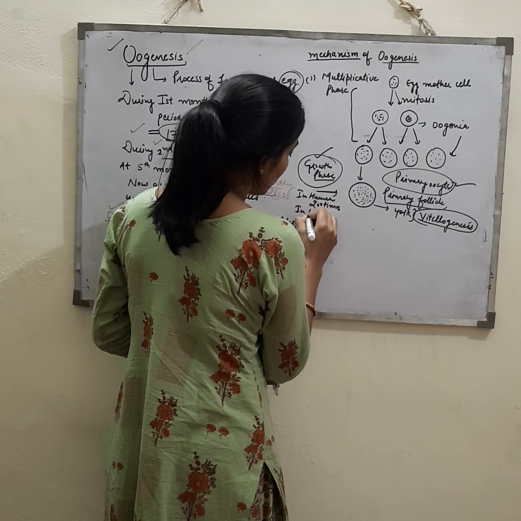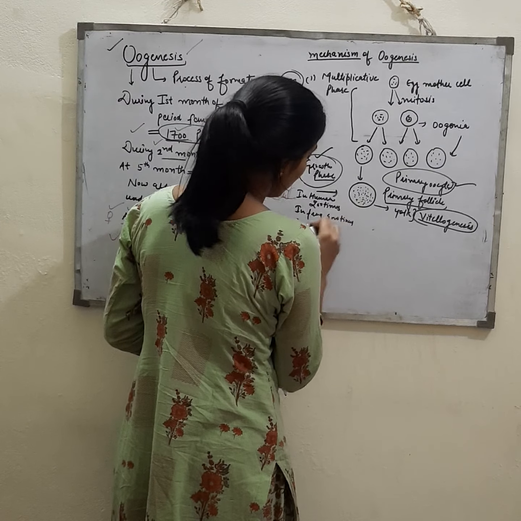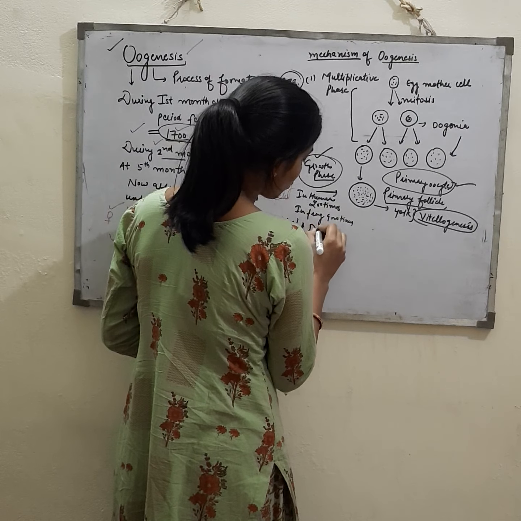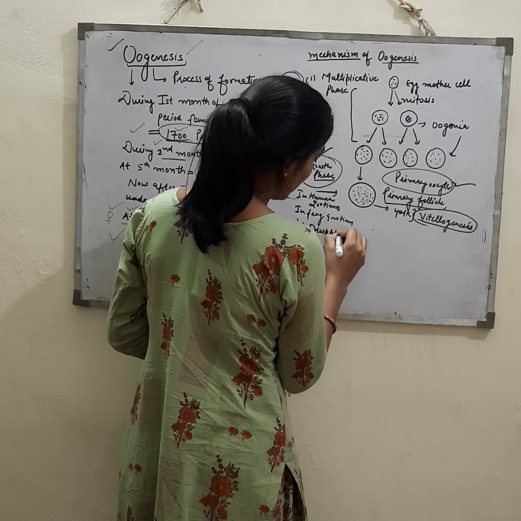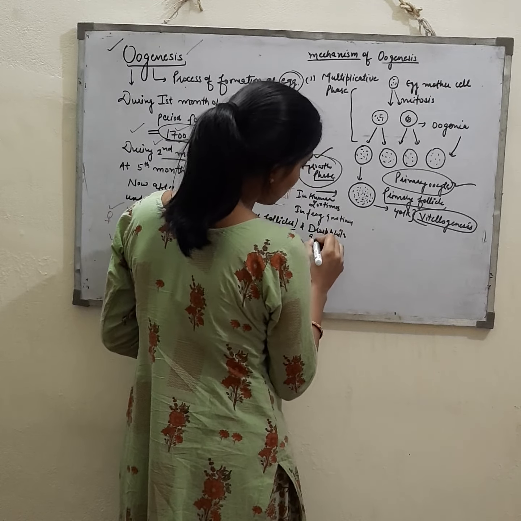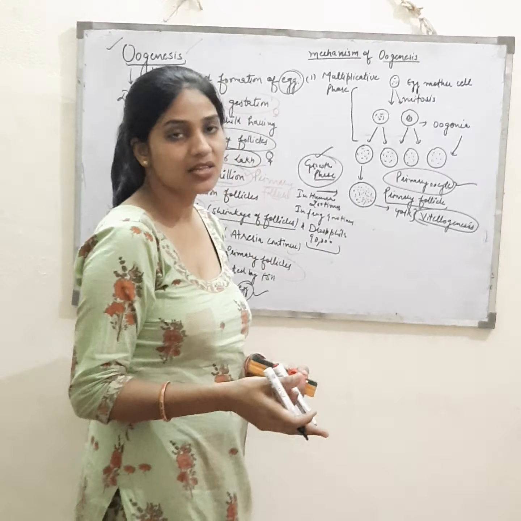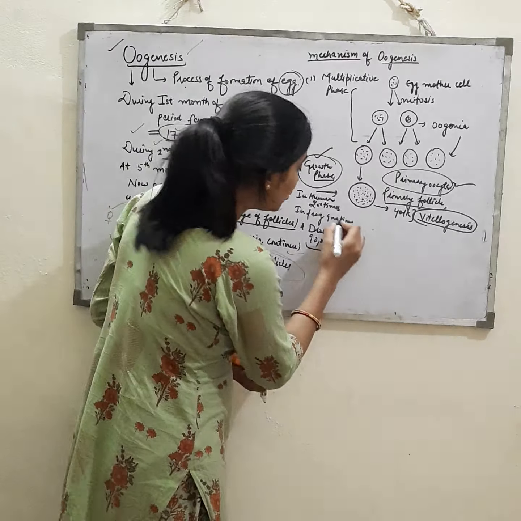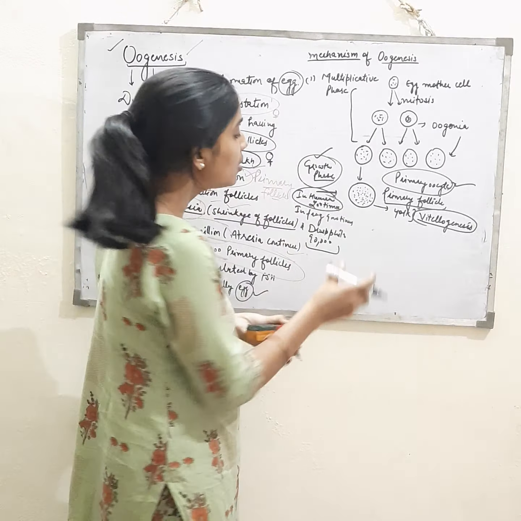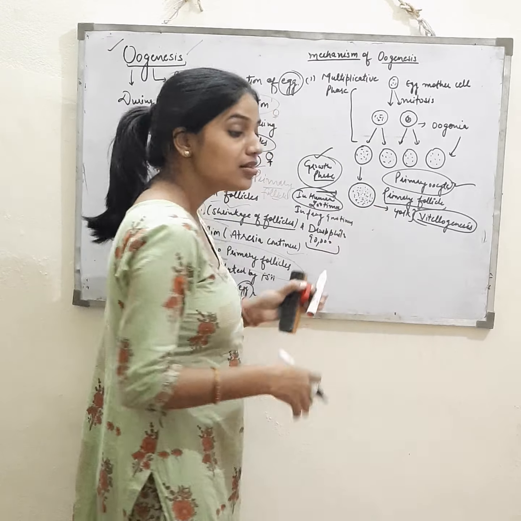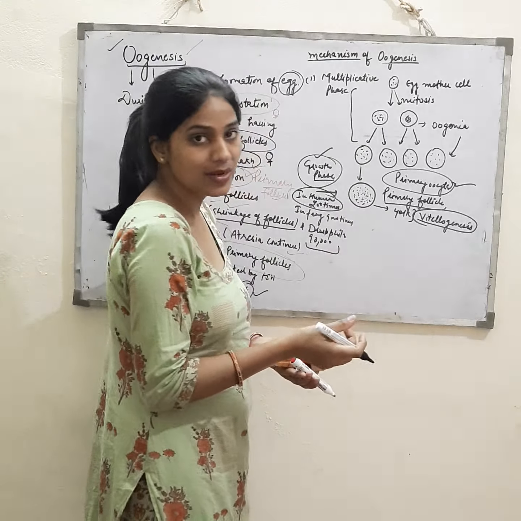In frog, the size increases 9,000 times. And in Drosophila melanogaster, the size increases 90,000 times. So these are the different cases. In human the size increases only 200 times because the primary oocyte is inside the mother's womb and will get nourishment from the placenta.